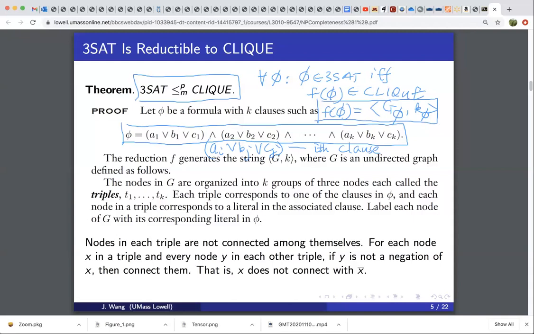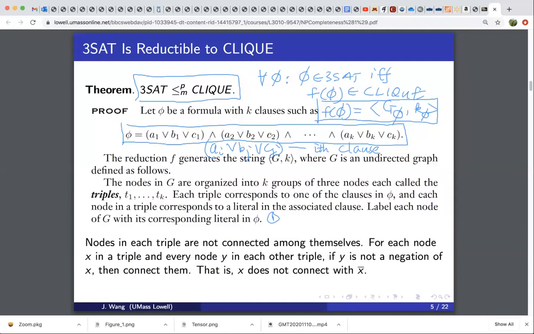So first, let's construct a graph. Each literal is represented by one node. We use a node to represent a literal.